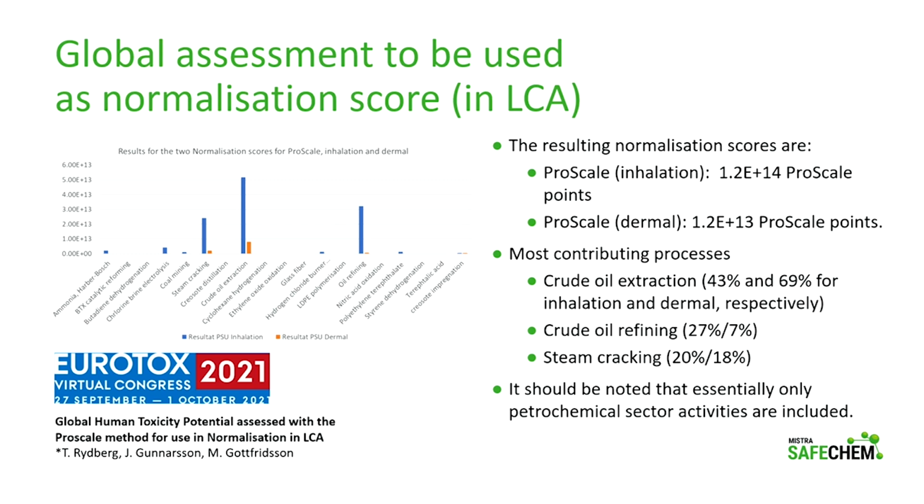Now, what we also did is that we used all the information we had gathered in this paint study and added it up with some other processes that we had assessed, and then we tried to look into the global scale of manufacturing in such processes and added all of that up to what we call a normalization score.